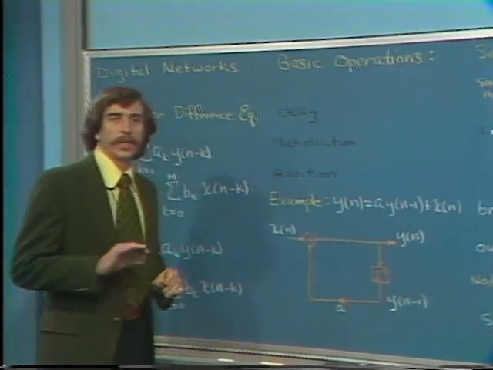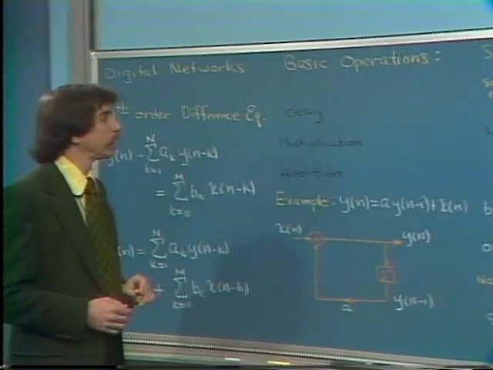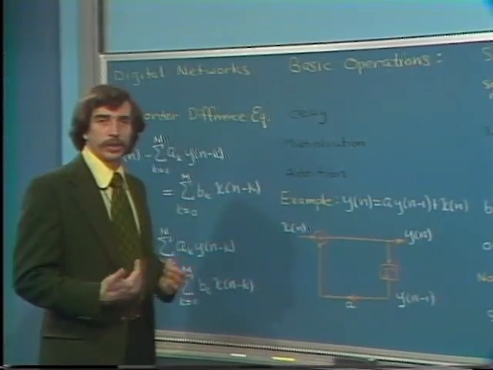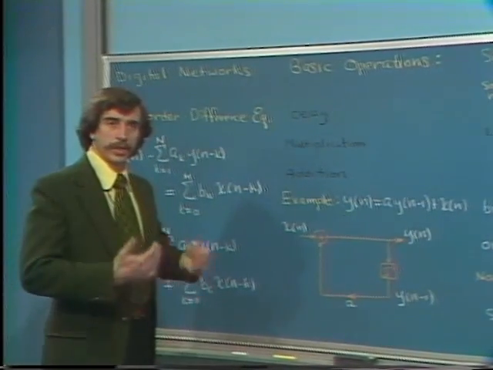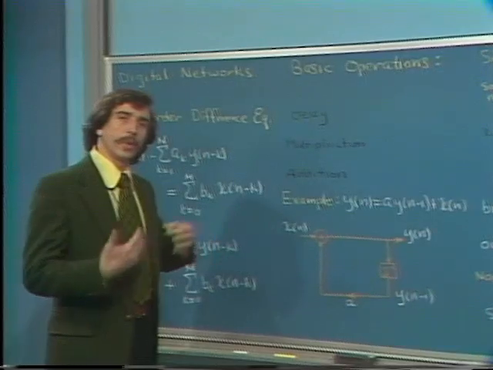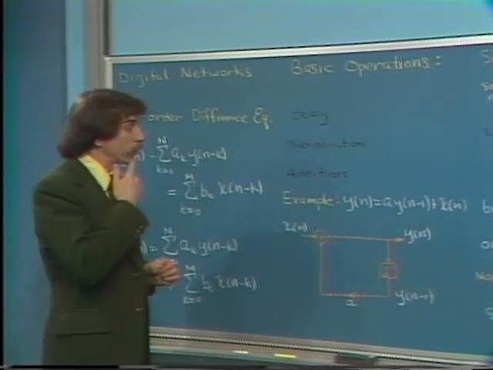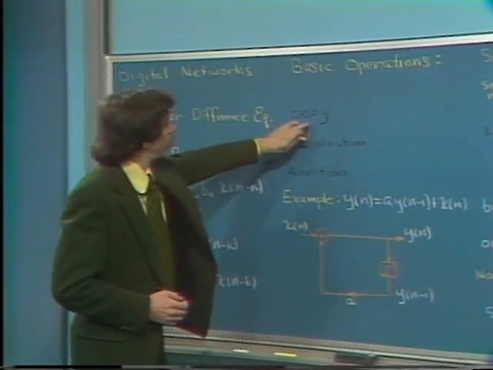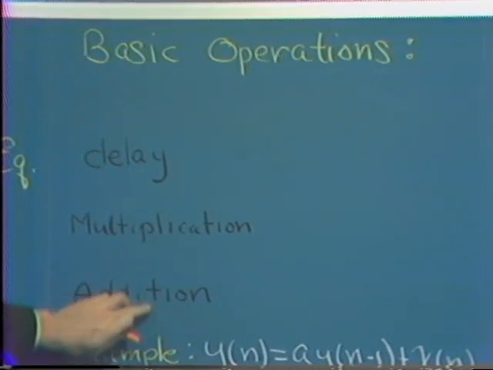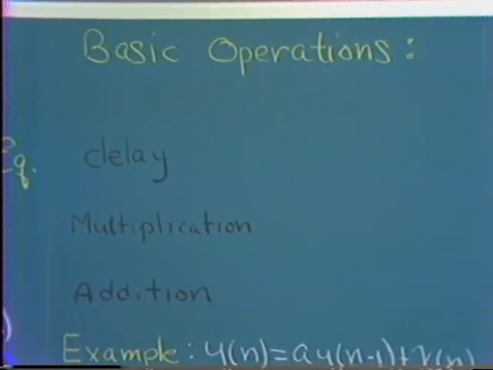In particular, what we'd like to develop or generate is a graphical representation of the difference equation, which is what we'll refer to as the digital network. So in essence, what we want is a graphical representation of these three operations, which will combine together into a digital network.